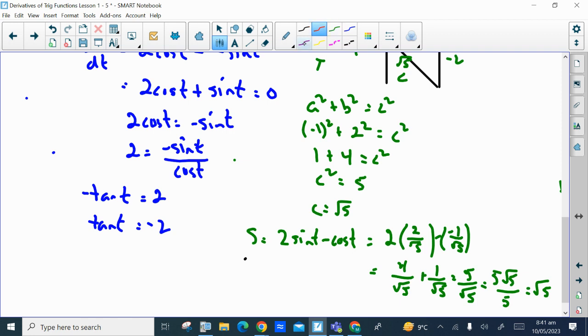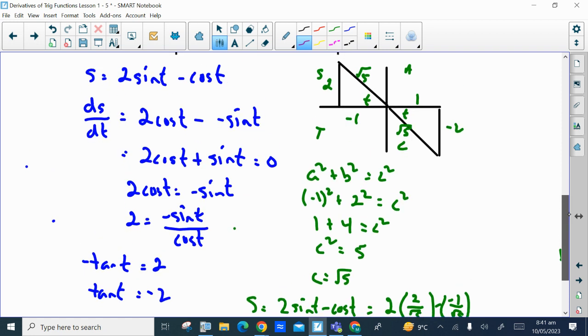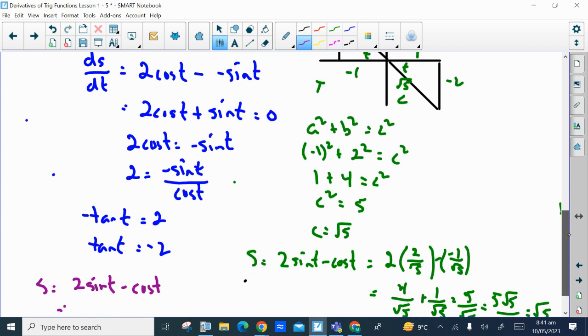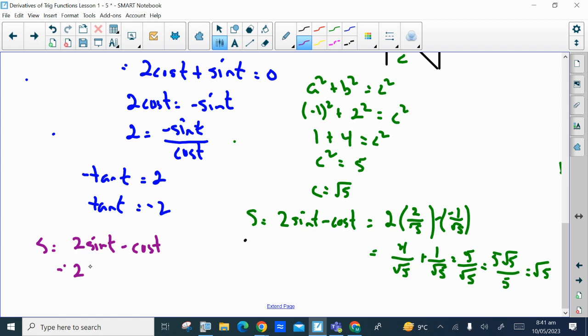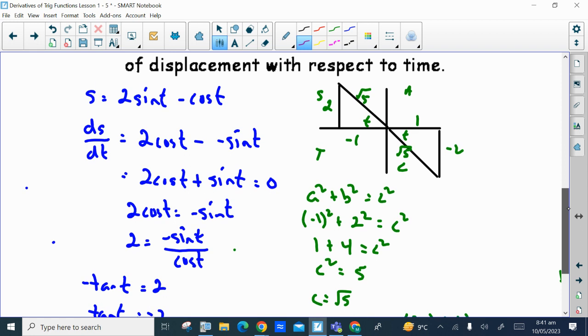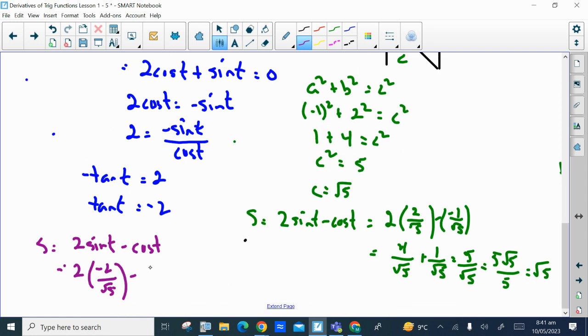And then in quadrant number 4, the sine, opposite over hypotenuse, is negative 2 over root 5, minus the cosine, which will be 1 over root 5.